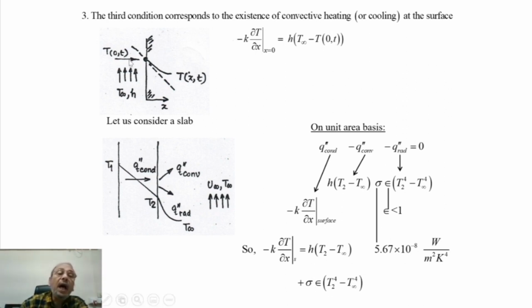That means at the surface the convective heat transfer coefficient is given, the surrounding fluid temperature is given, it may be a flowing fluid, and the temperature is also given in such a way that minus K del T del X at x equal to 0, that means heat flux here, is given by H into T infinity, the ambient temperature, minus T at x equal to 0, that means the surface temperature at a given time.